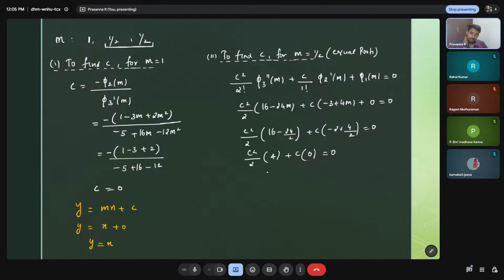So that means 4c square by 2 is 0. That means c is 0, or I made some mistake. Any mistake I made? Oh, this is minus 3.